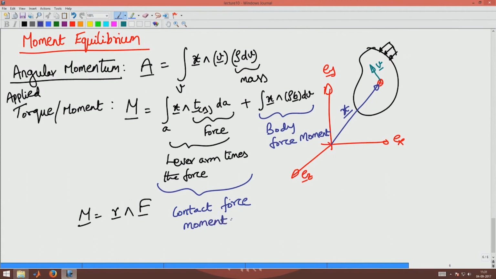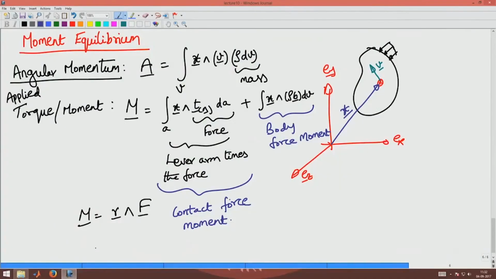Now, in addition to this, there can be body couples if there are charged particles in the body, which we are ignoring, since we are not interested in electrically active or magnetically active materials. We are ignoring the presence of body couples or body moments.